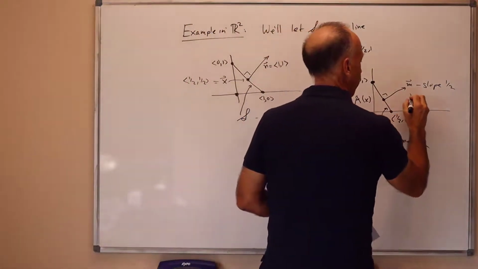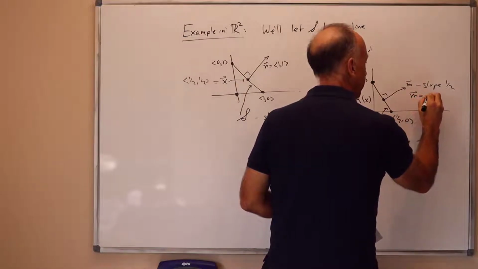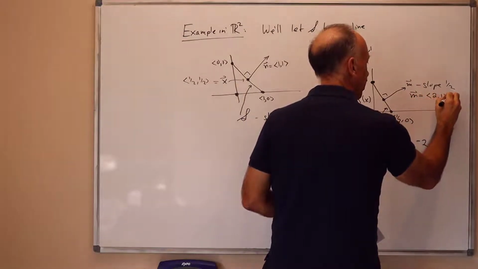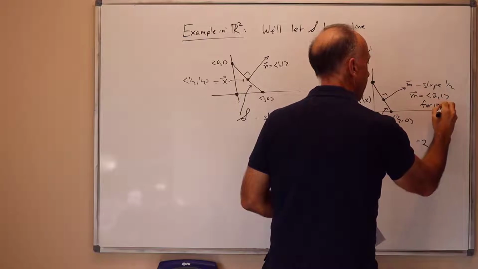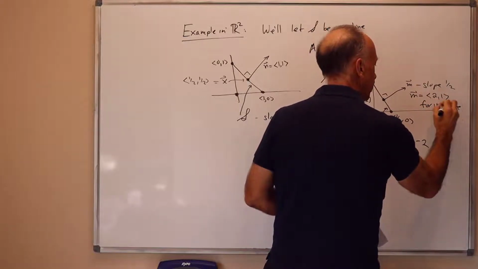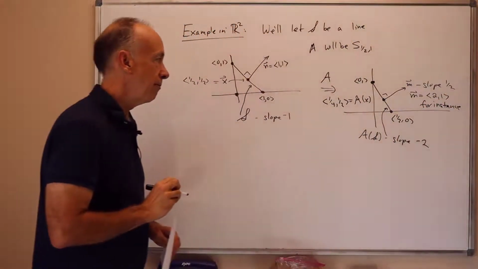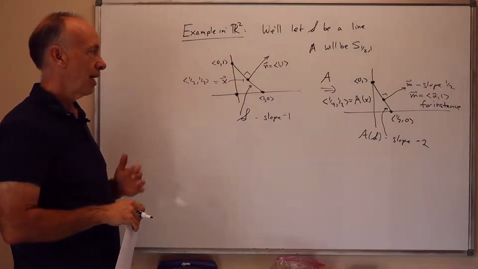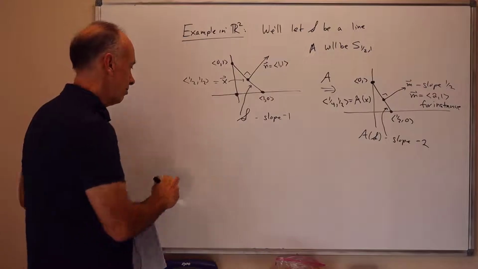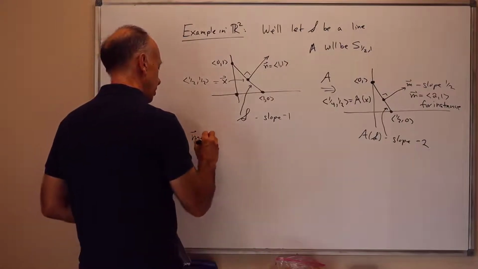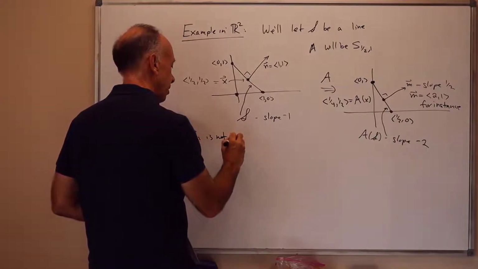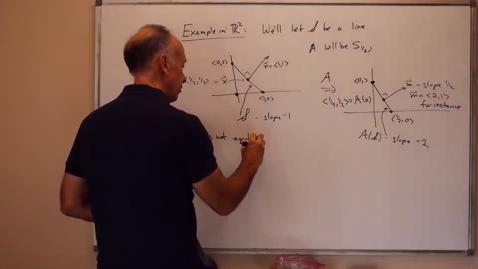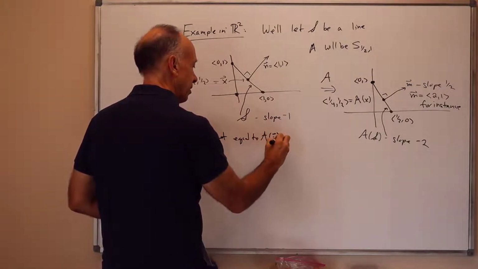So we could take, for instance, M to be (2, 1), because that's a vector with slope 1/2. So is M equal to A of n? No. M is not equal to A of n.